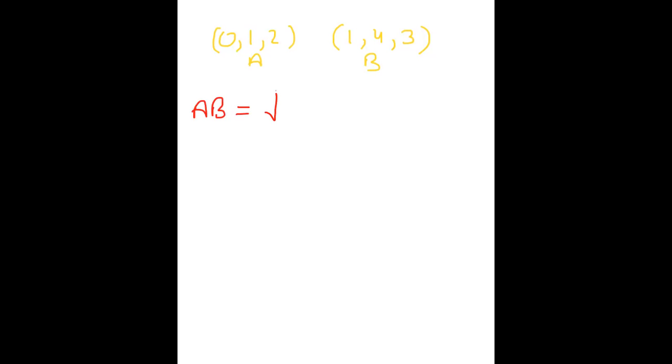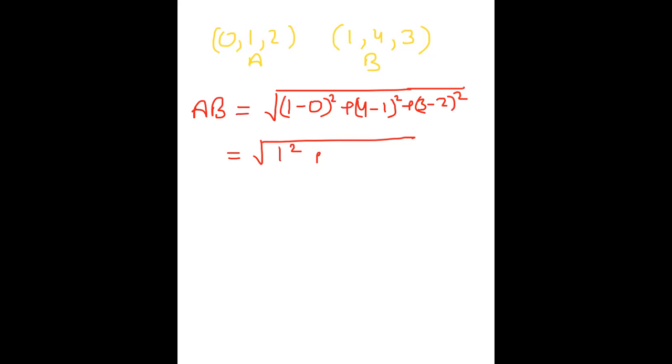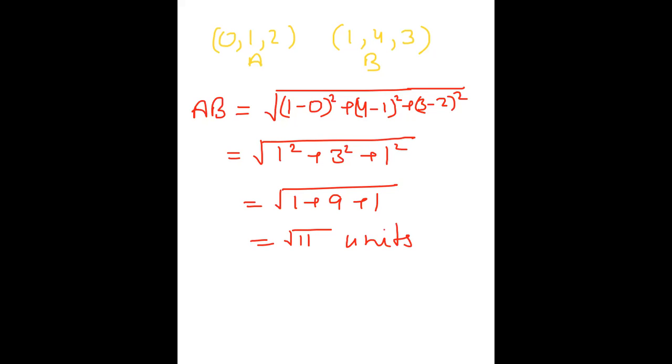will be under root (x2 minus x1) whole square, that is (1 minus 0) whole square plus (4 minus 1) whole square plus (3 minus 2) whole square, under root 1 square plus 3 square plus 1 square, under root 1 plus 9 plus 1, under root is 11 units.